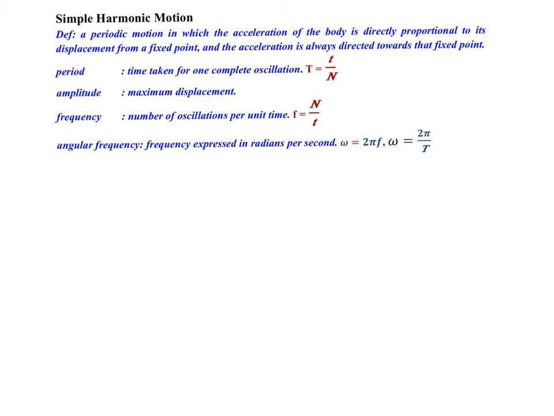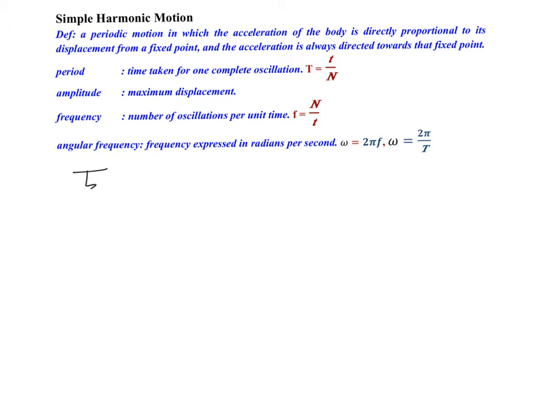Okay, so now I'm going to show you an example of how to use a typical simple harmonic motion example to prove this definition. So let's look at the case of a mass-spring system.